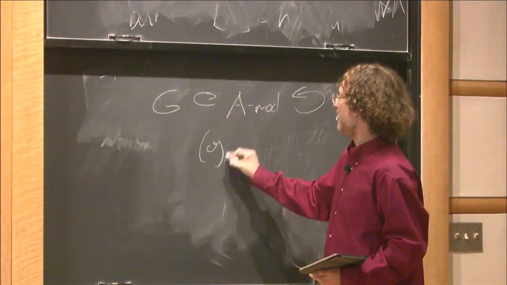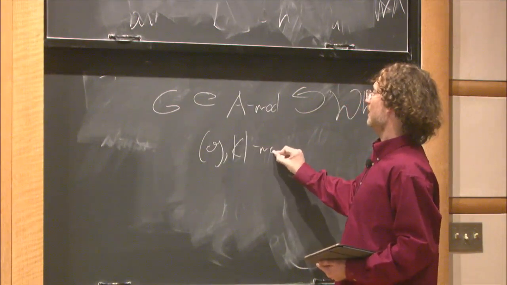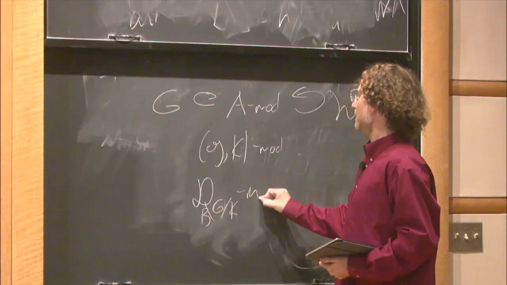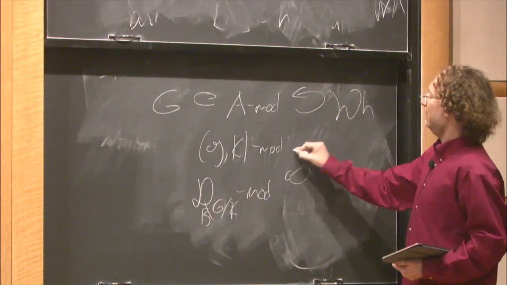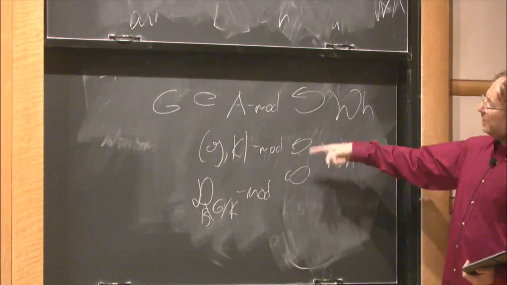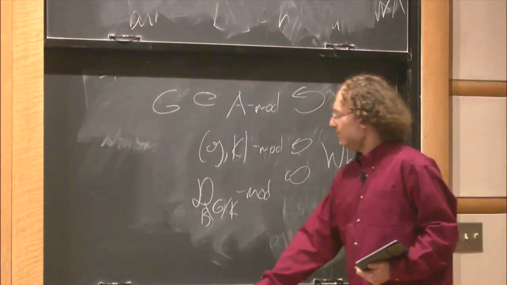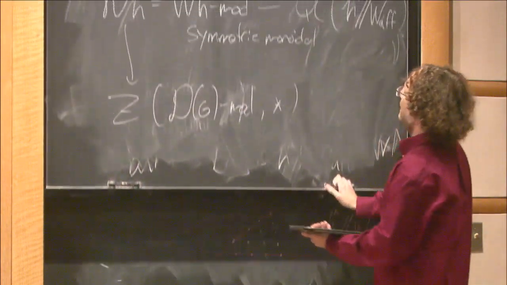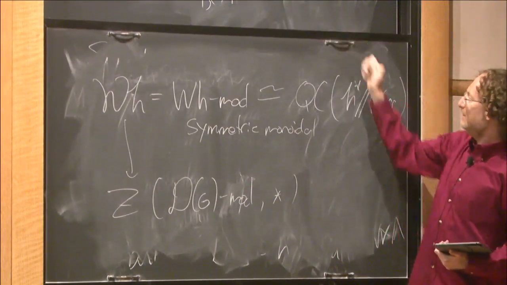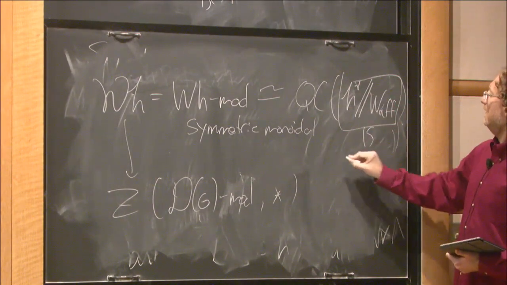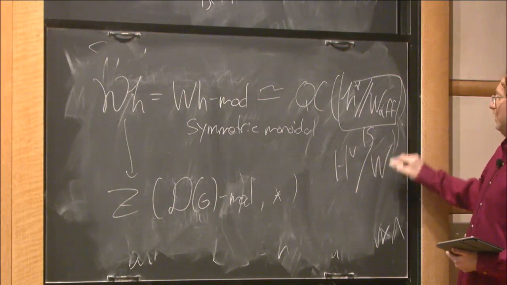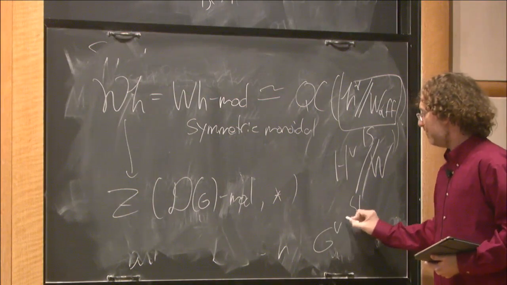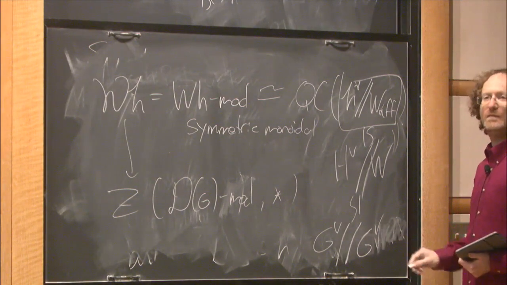So for example, you could look at G,K modules for any K, or you could look at systems of differential operators on any double coset space. These all carry actions of this, which means that you can give Langlands parameters, because this space analytically is the same as the dual Cartan torus modulo the Weyl group, which is the same as the affine quotient of the Langlands dual group.